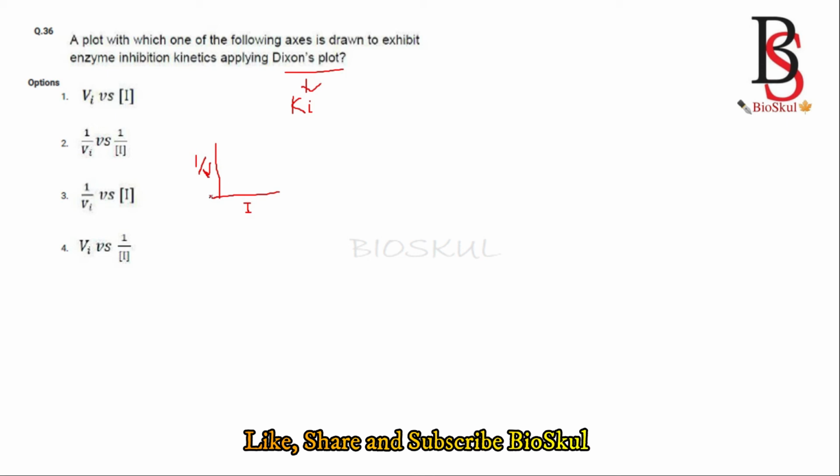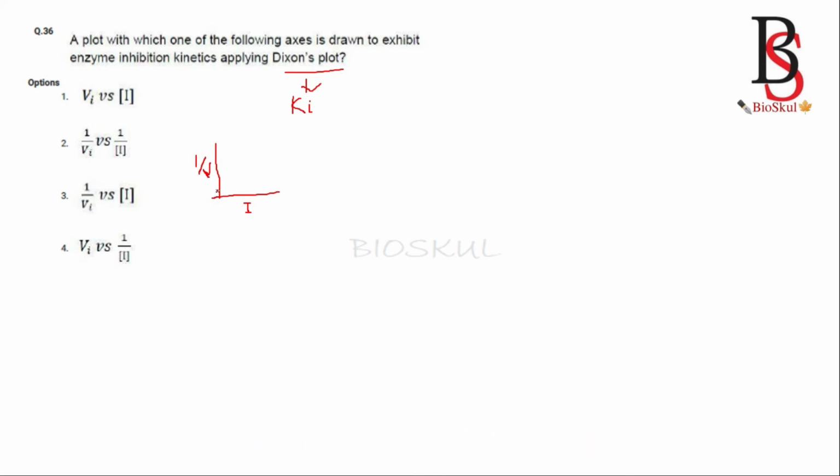Then that will produce different intersecting lines. So in the Dixon plot, the reciprocal of velocity is plotted against inhibitor concentration. That is, the correct answer is option 3.